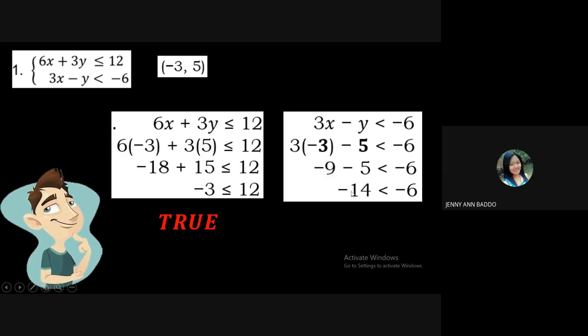So we have here negative 14 is less than negative 6. Is that a true or a false statement? So obviously, it is true. Since the given ordered pair is true to both the two linear inequalities, then that point is a solution of the given system of linear inequalities.